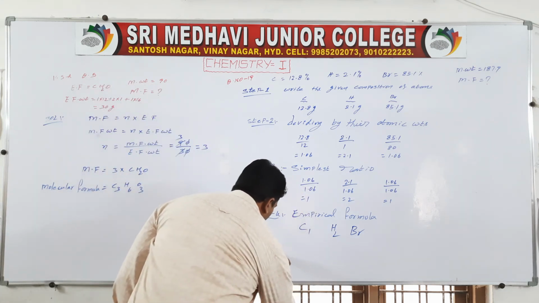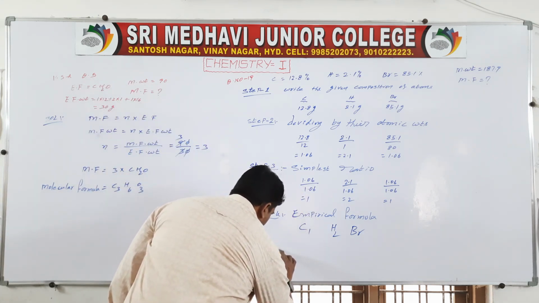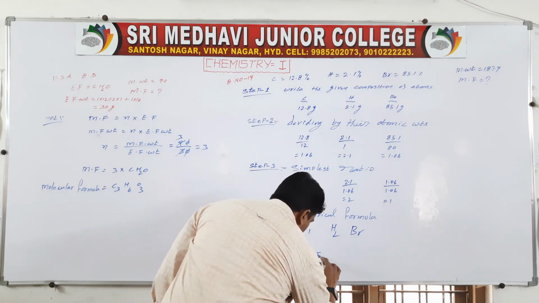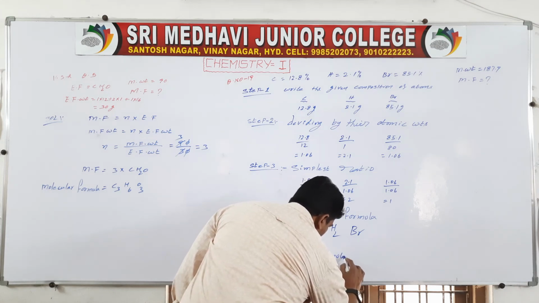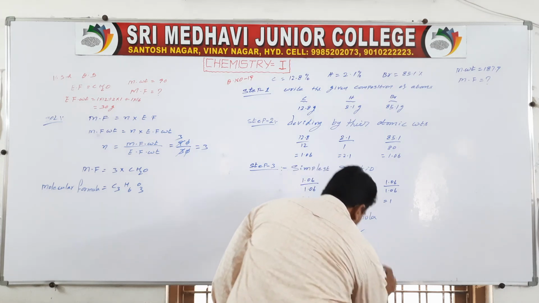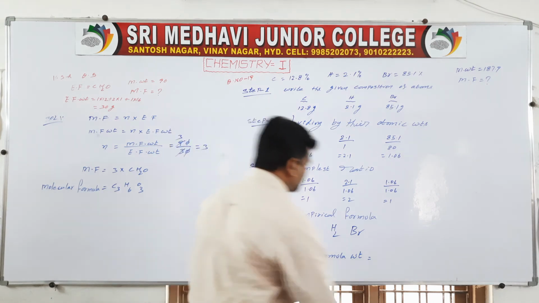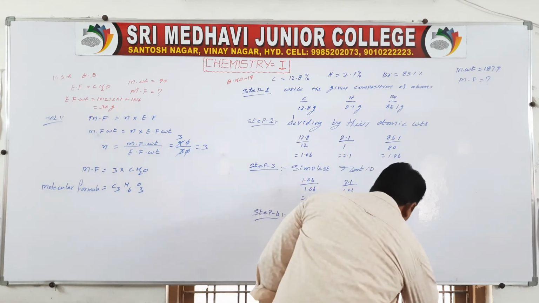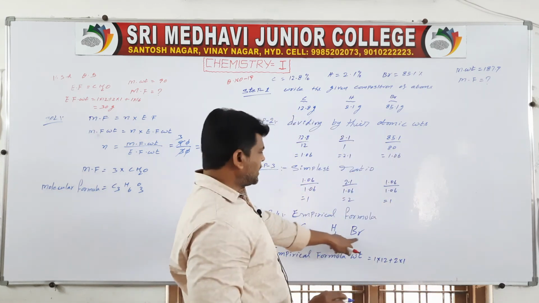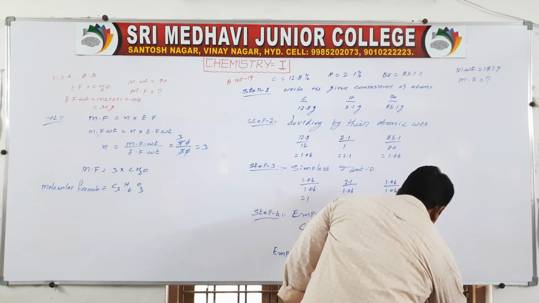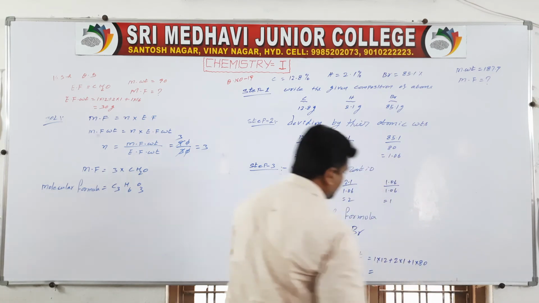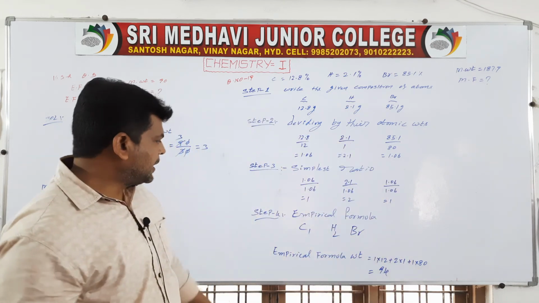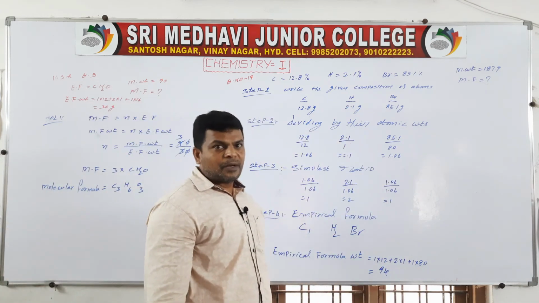Okay, so the empirical formula is calculated. Then calculate the empirical formula weight: carbon 1 into 12 plus hydrogen 2 into 1 plus bromine 1 into 80, then how much? 94. Okay, it is the empirical formula weight.